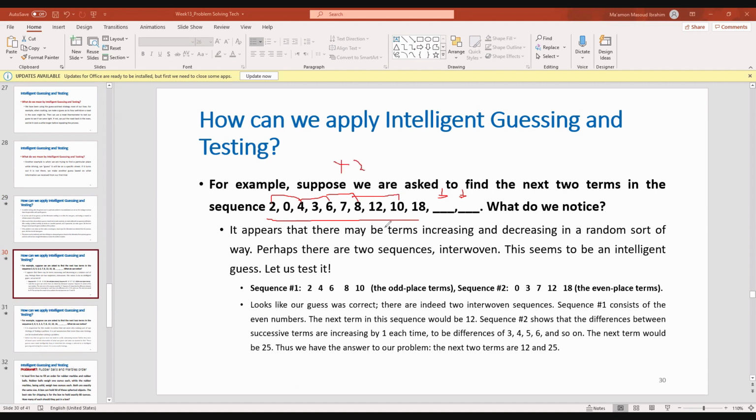So what do you think, guys? What should the number be here? This is easy. I hope you are with me. We have 0, we have 2, 4, 6, 8, 10. What is the number here, guys?